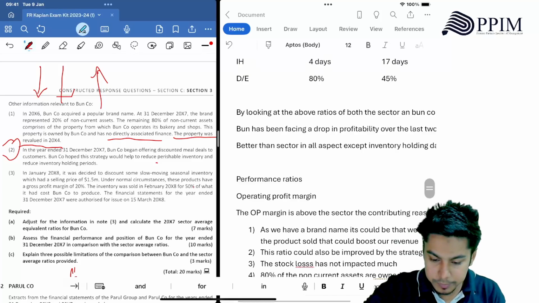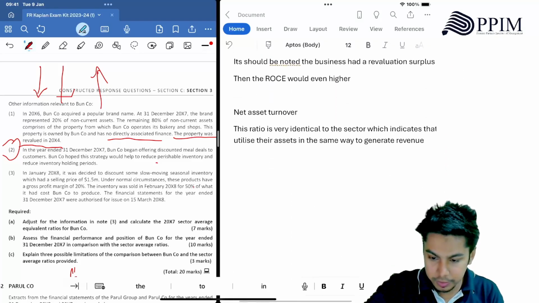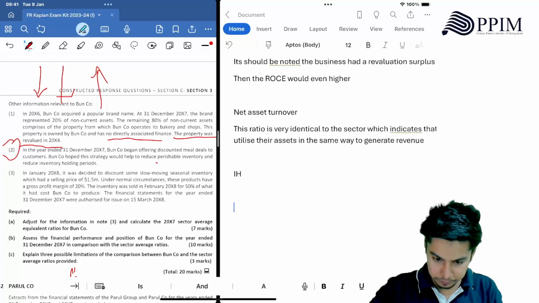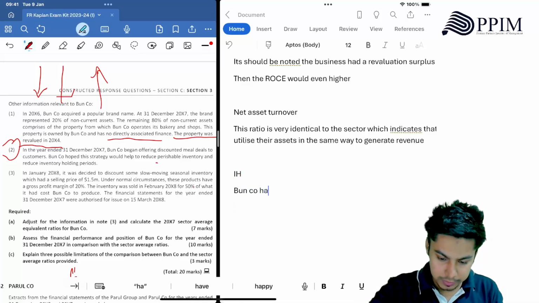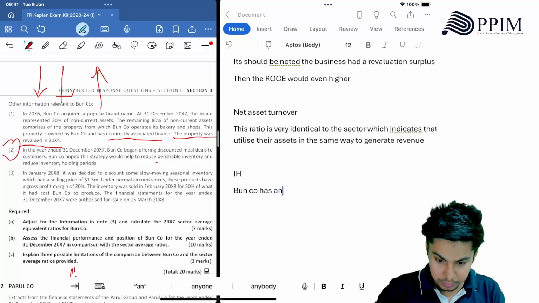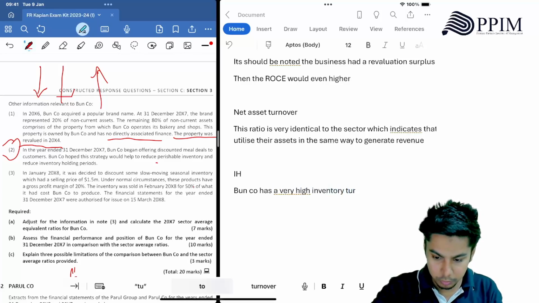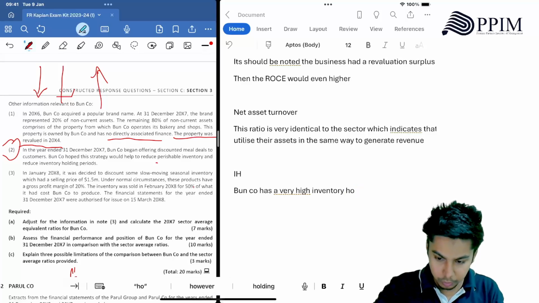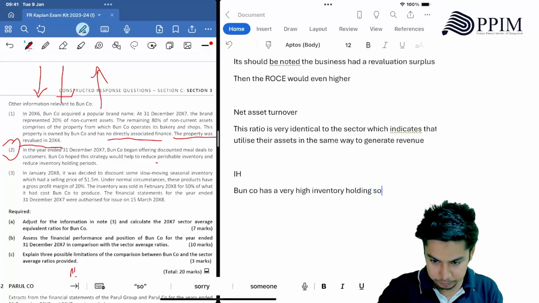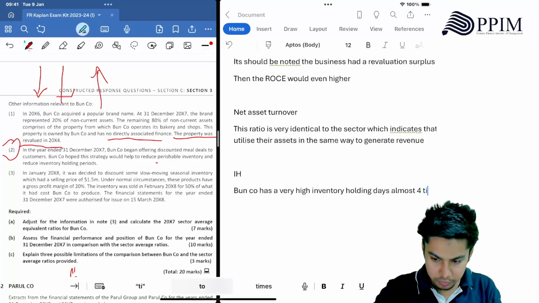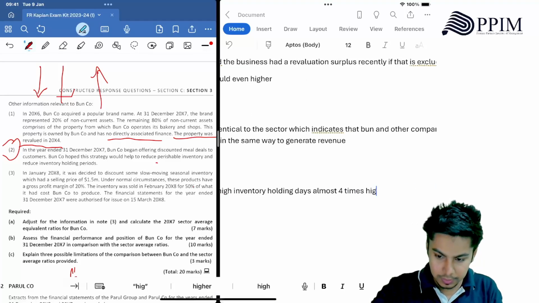Okay, right. So guys, now let me start writing the answer for inventory holding days. One corporation has a very high inventory turnover, inventory holding days, almost 4 times higher than the sector.